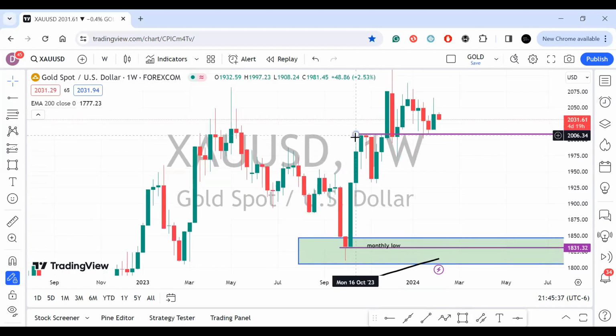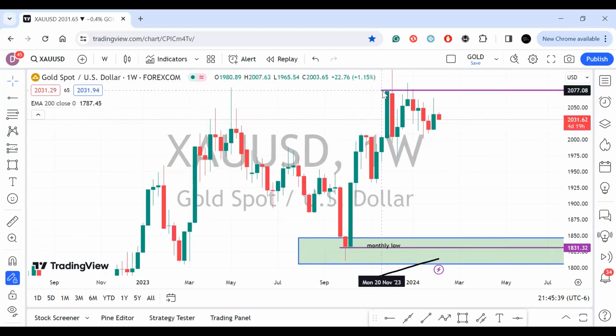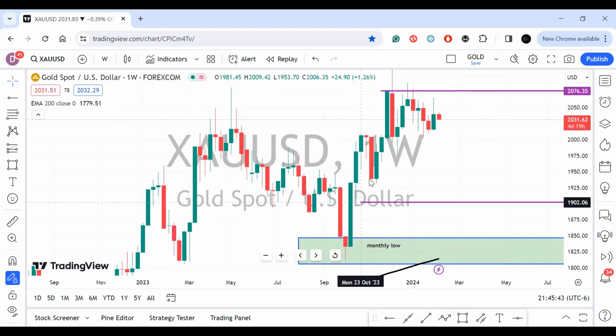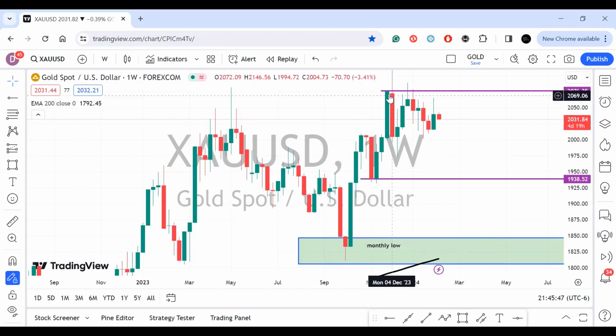So this is now our weekly high, and this is our weekly low. So price is already forming a weekly structure coming down towards this weekly low.